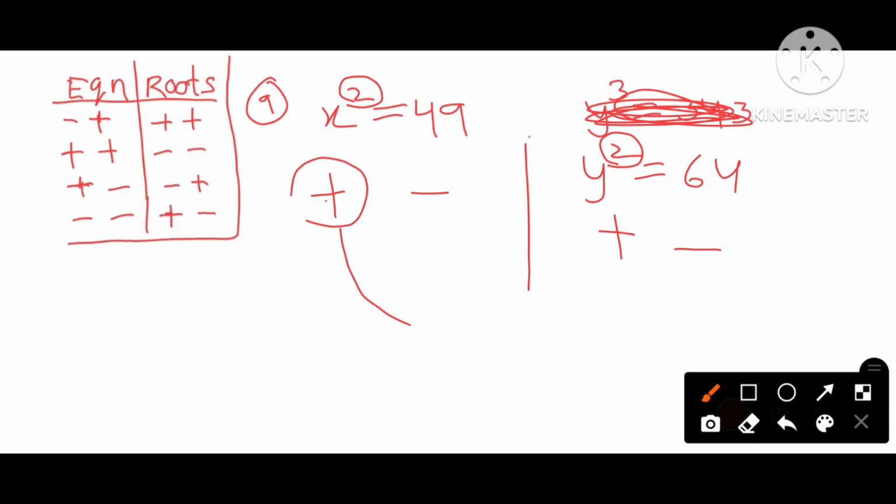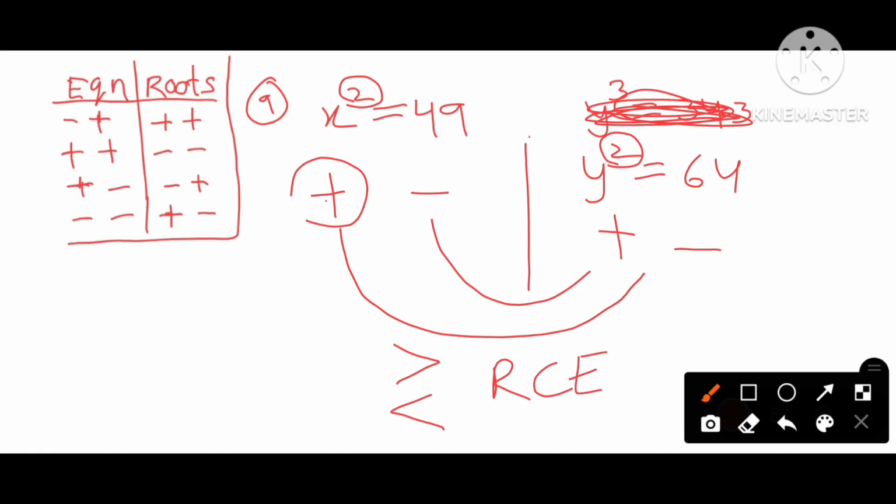If we compare positive with negative, the value is greater. Negative with positive, it is lesser. Then the answer is relation cannot be established. So if we are comparing a square with another square, then the answer will be RCE, relationship cannot be established. Okay, this is one more type, one more category.